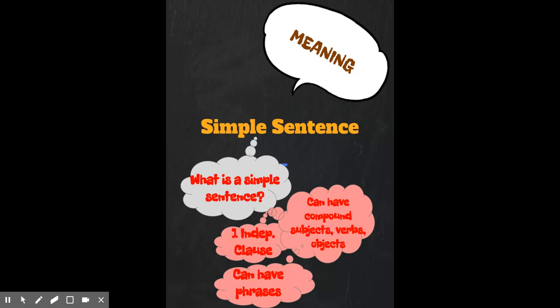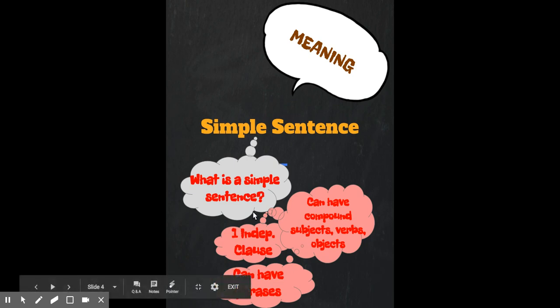And of course, they can have phrases, adjective phrases, adverb phrases. They can have adjectives, they can have adverbs, but they are basically a simple sentence because they have an independent clause only. The rest of those things are either compound parts or modifiers.